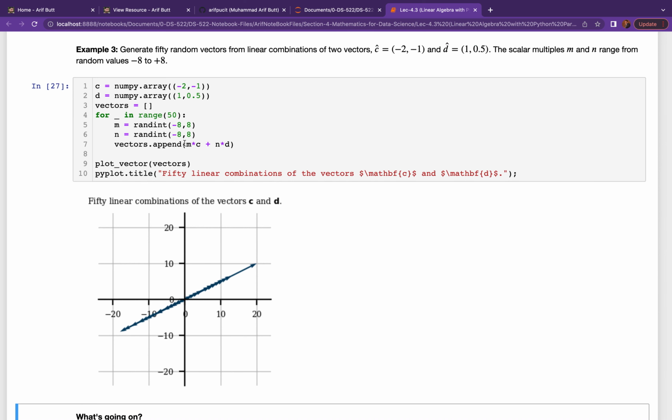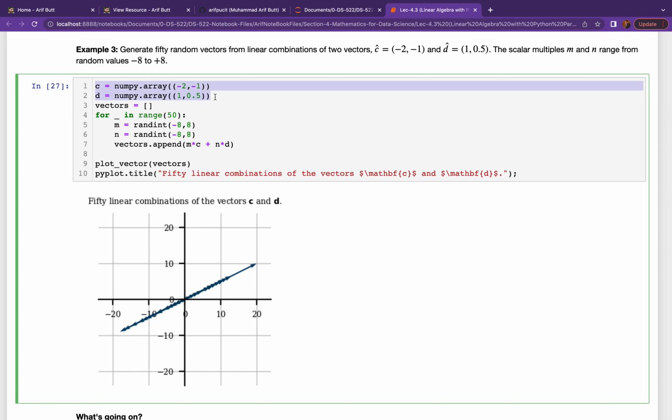these two vectors C and D are collinear, that is, scaled versions of each other. You can get vector D by multiplying vector C with a scalar value of -0.5. If you divide -2 by -2, you get 1, and if you divide -1 by -2, you get 0.5.